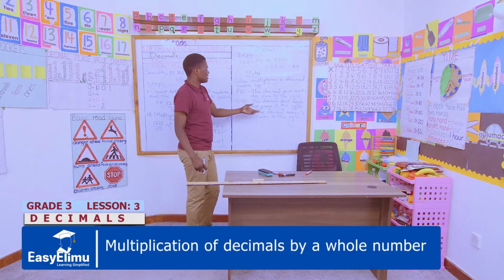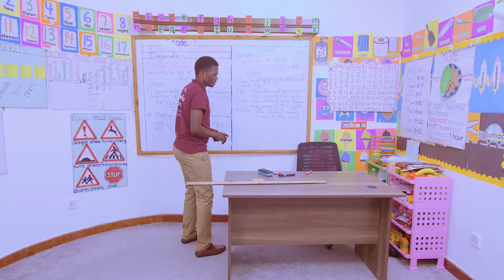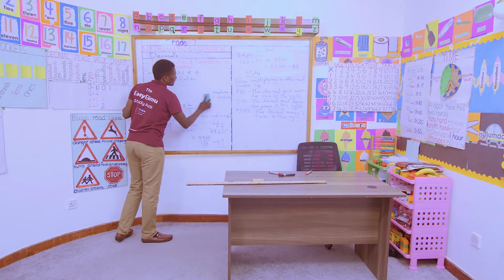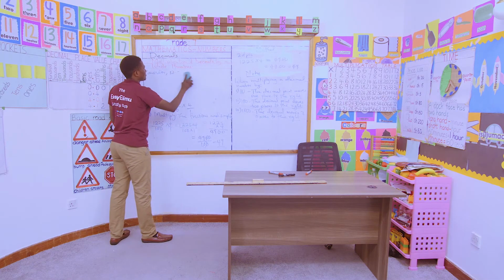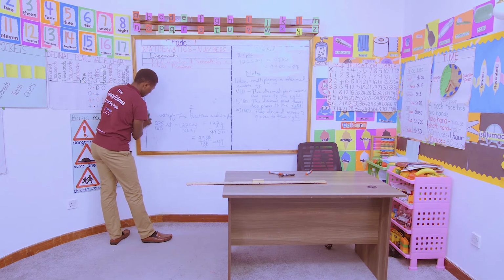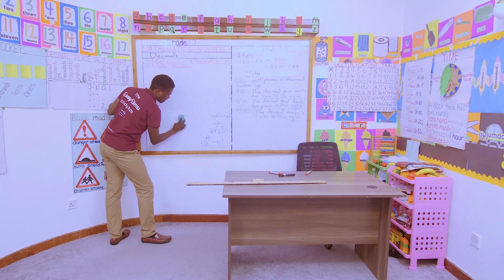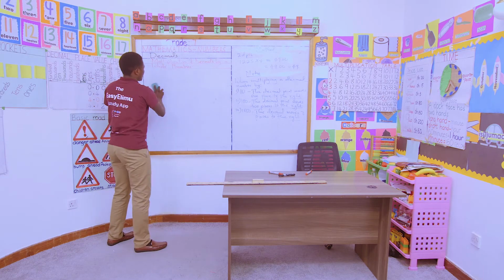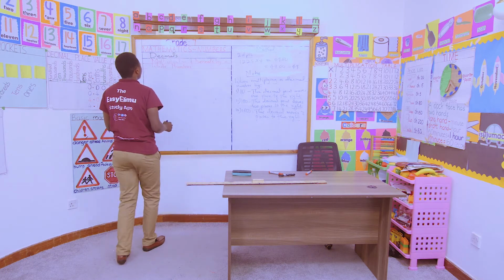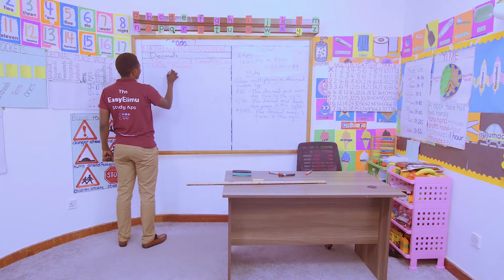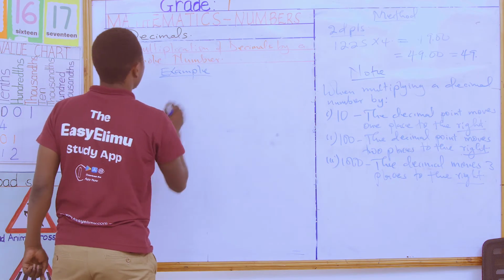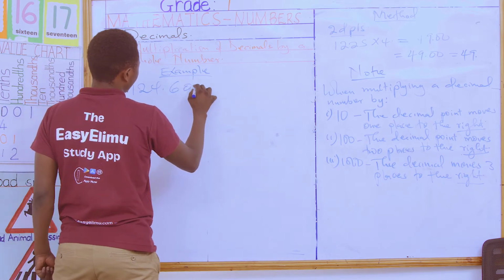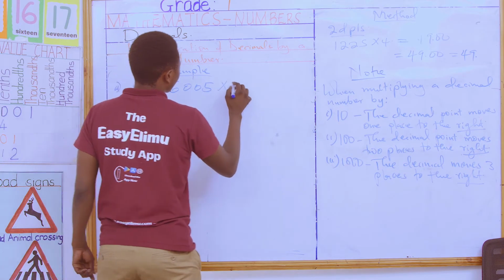That then makes your work very easy when you are multiplying a decimal number by such numbers. For example, consider a question like this. 124.6005 times 100.